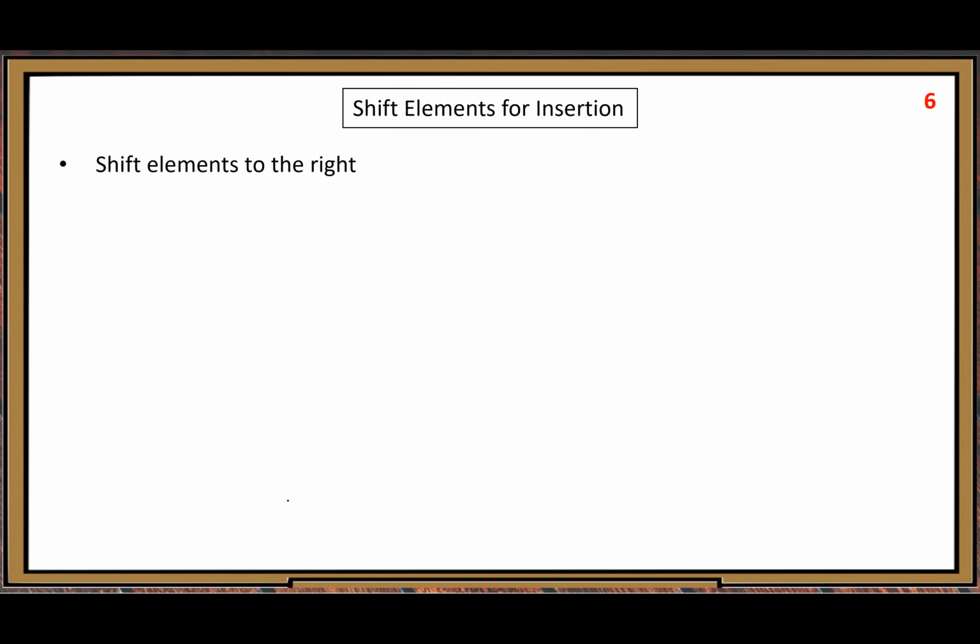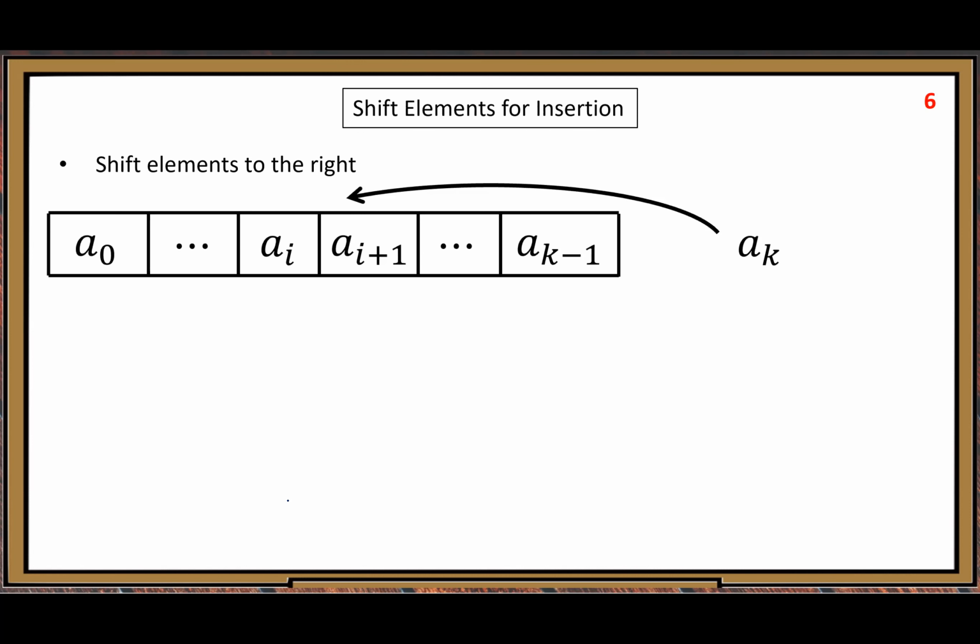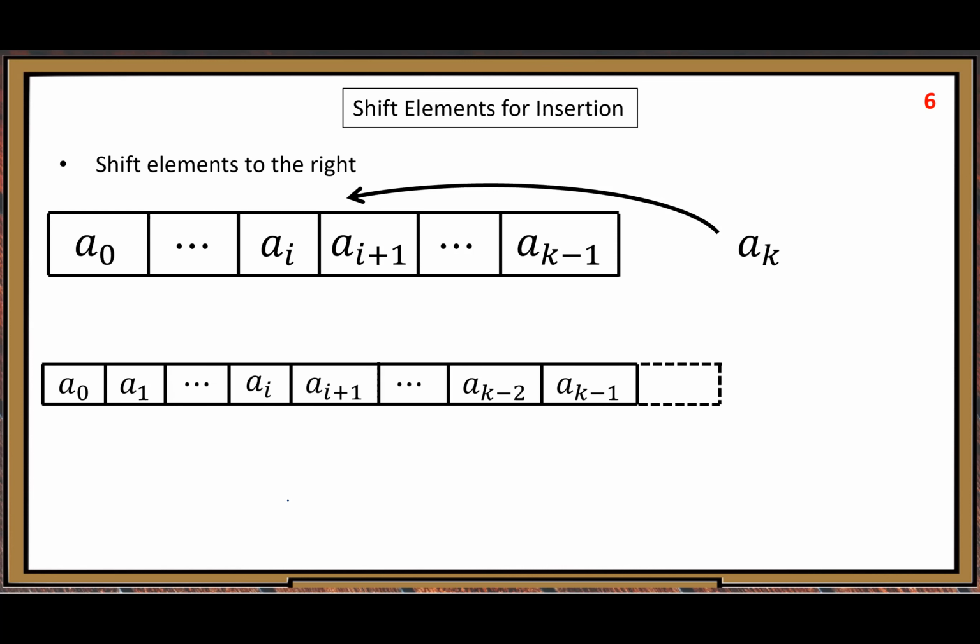Now, shift elements for insertion. We need to make room for the new element. How do we make the room? Shift elements to the right, so we have more locations for the new elements. When we start, we lift the current element a sub k to some temporary location.